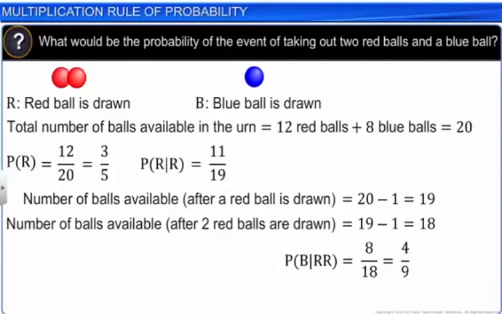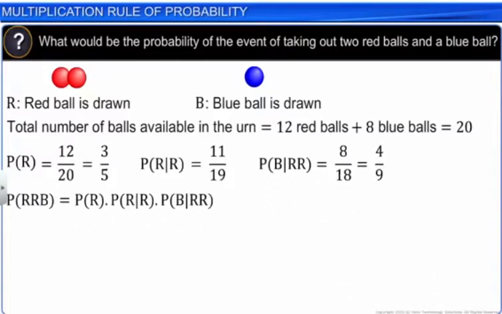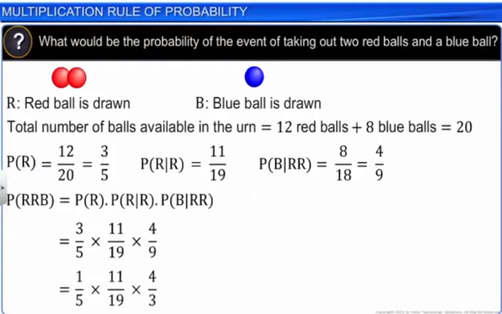From the multiplication rule for 3 events, we have the probability of RRB is equal to the probability of R into the probability of R given R into the probability of B given RR. Substituting the values of the probability of R, the probability of R given R, and the probability of B given RR, we get the expression as shown.